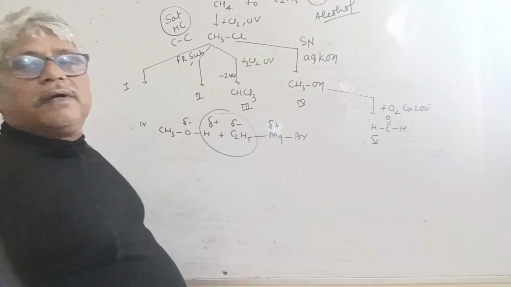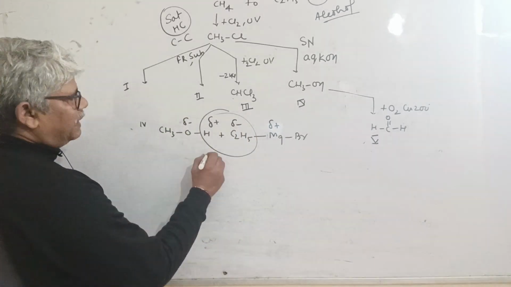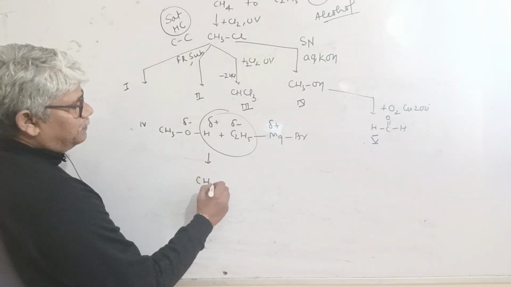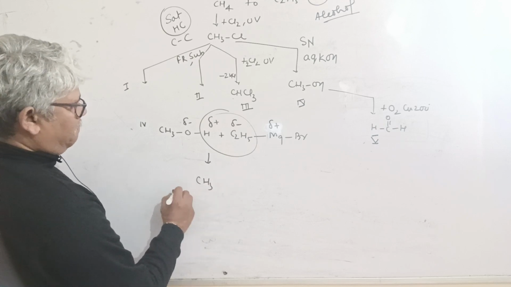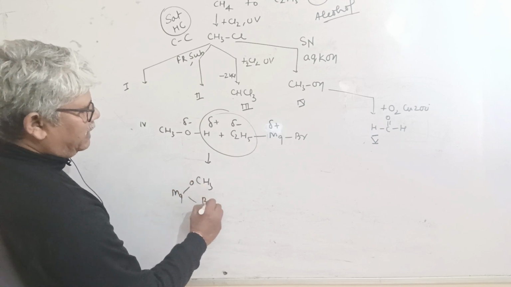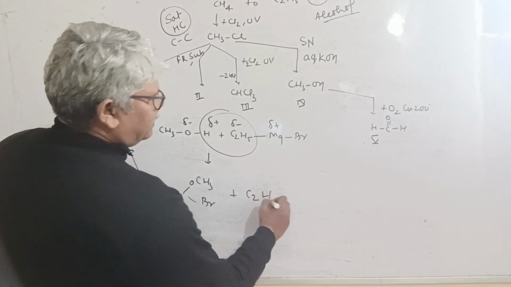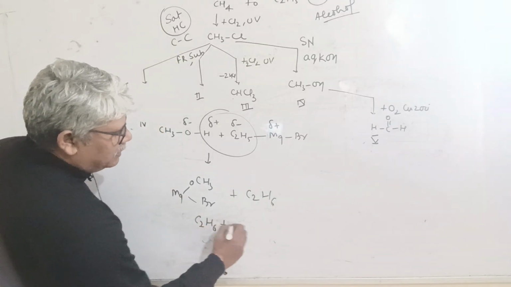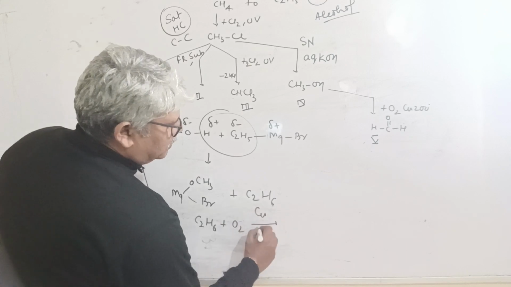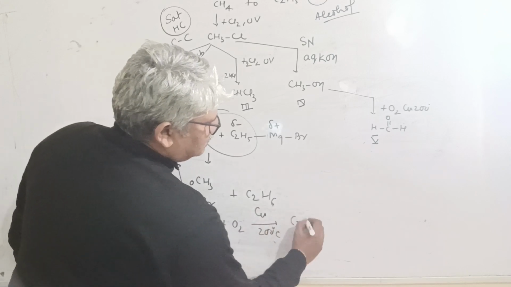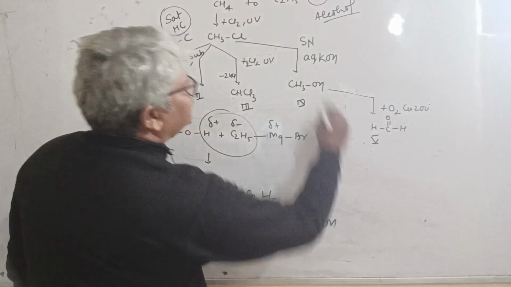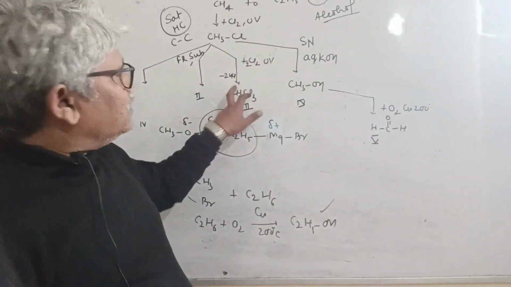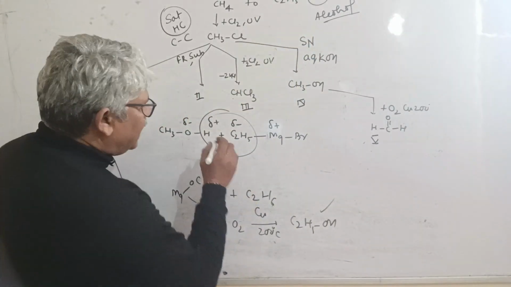So this is the product formed, followed by methyl magnesium methoxybromide and alkane. And alkane can be further oxidized in heated copper to give ethanol, and this is what we require. So this is another reaction where you use active hydrogen.